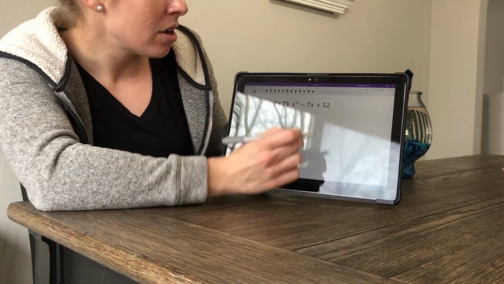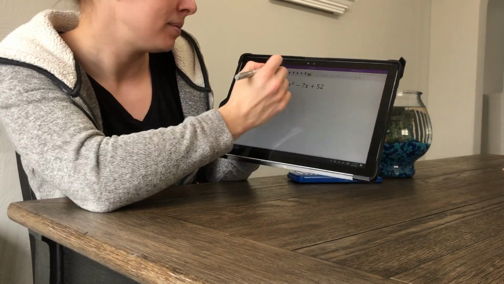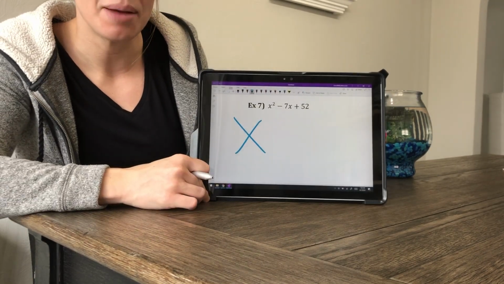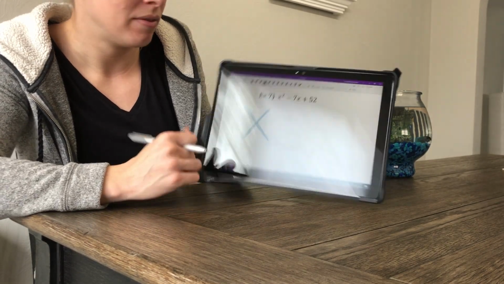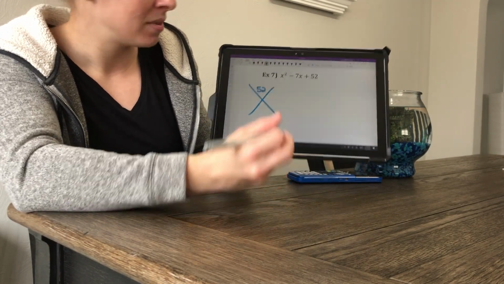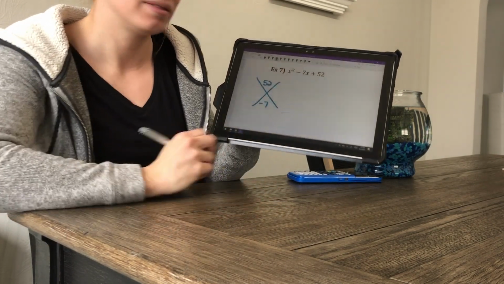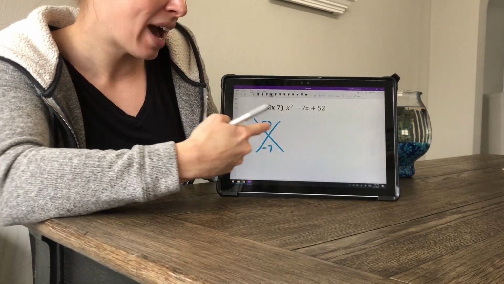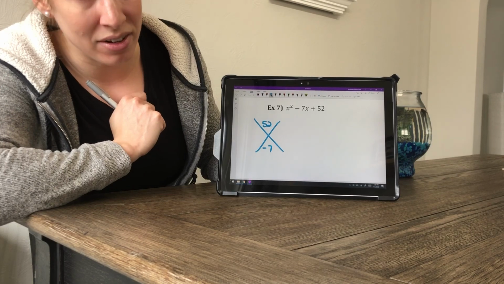No. Okay, so leading coefficient is 1. Make your x. What number goes at the top? 52. What number goes at the bottom? Negative 7. What times what gives you 52, but when you add them together, you get negative 7?